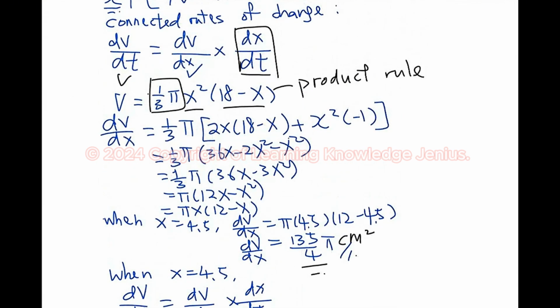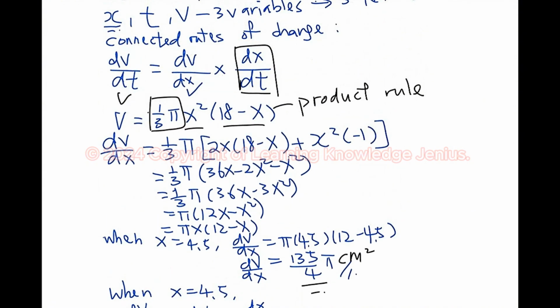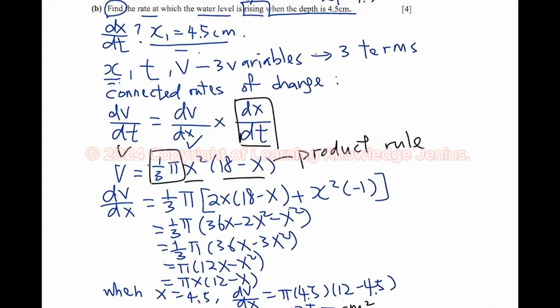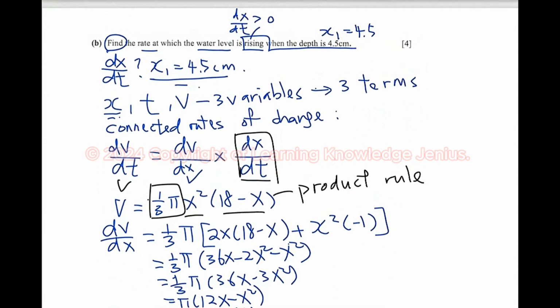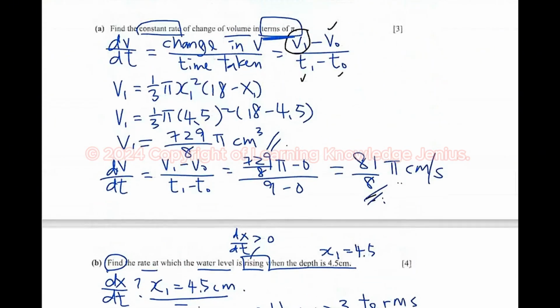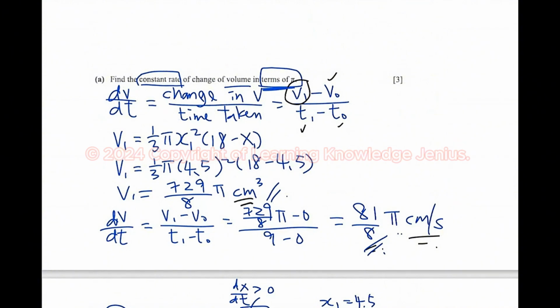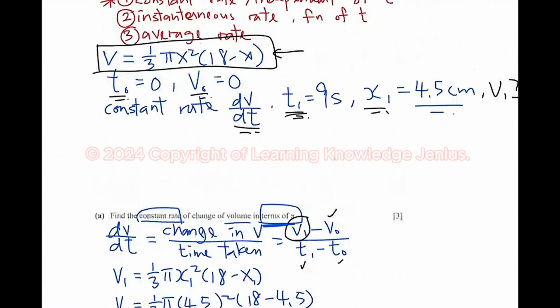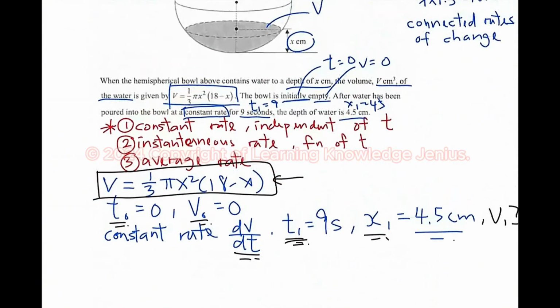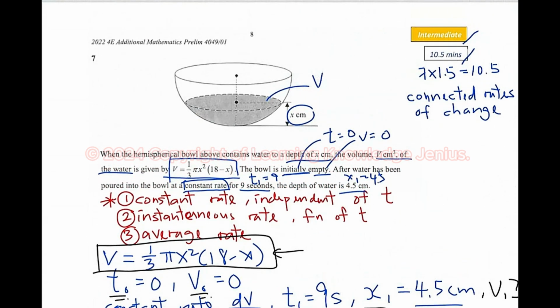Scroll back, this one is the same thing. For the value you have found, you have to write the unit. So this one is okay, and part A I have it here, that's fine, and I have it here as well. So always check the units. Bear in mind, always check the unit. Okay, so this is how you do the question.